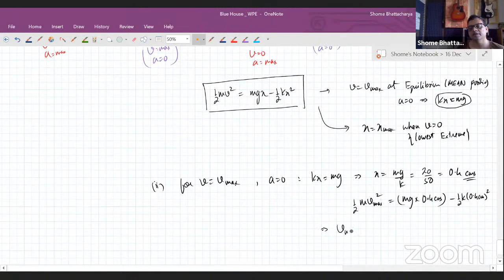So from this we will get our v maximum as square root of 2g into 0.4 centimeters minus k by m into 0.4 centimeters square.